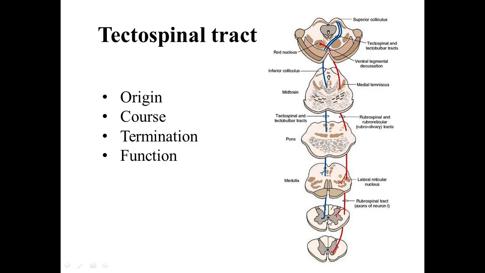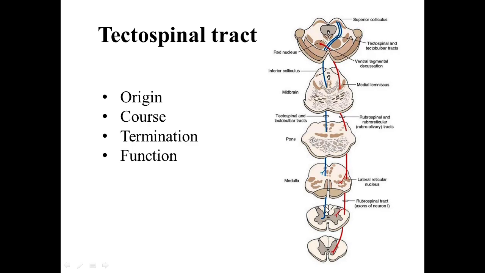Now these fibers reach only the upper cervical segments, and they terminate in laminae 6 to 8 of spinal gray matter.